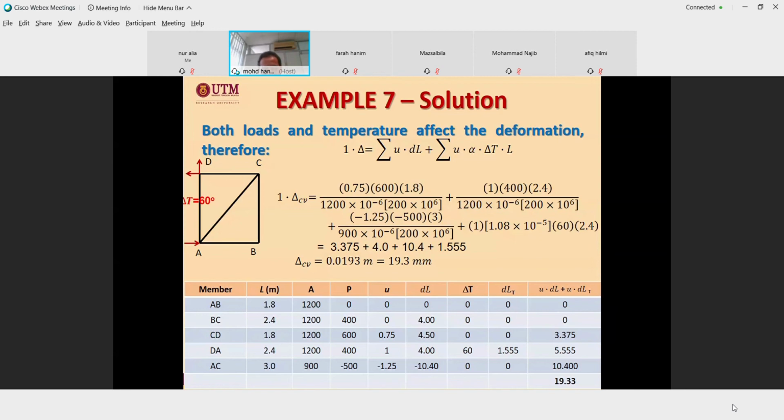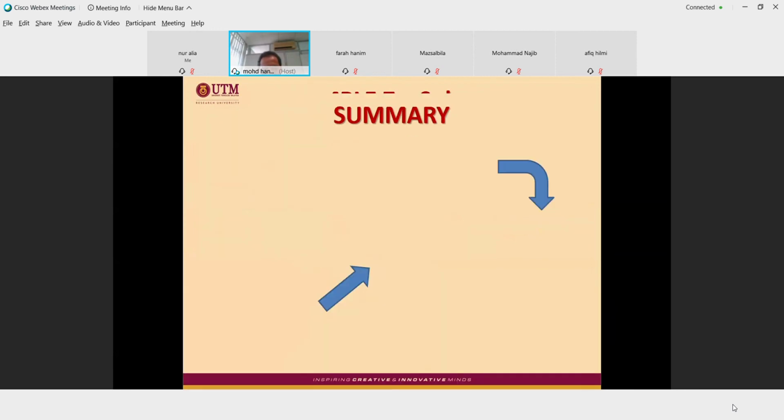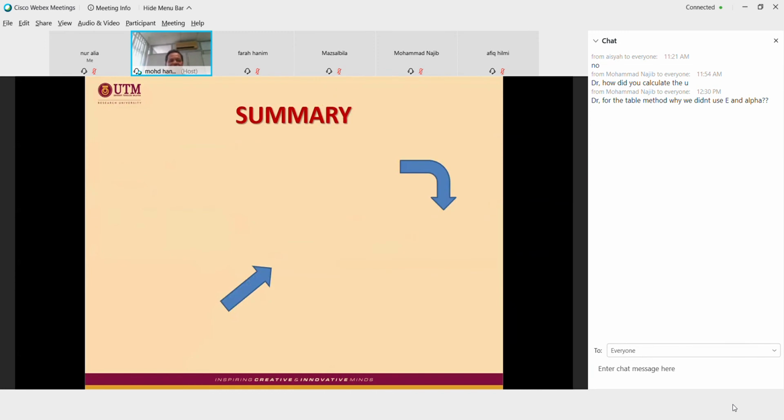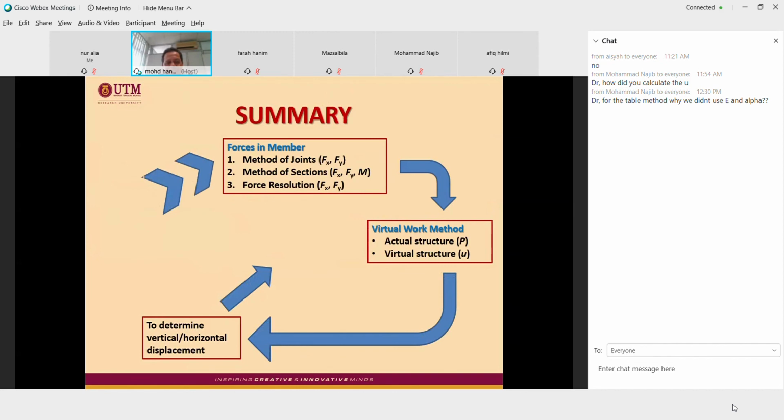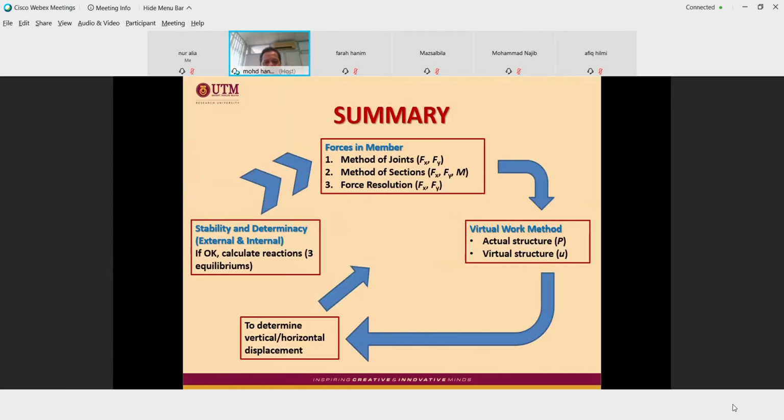I don't know how many slides, or maybe this is the last slide. Yes, last slide. Summary. For the force in member, we have three methods, and as I told you, I have another one method.